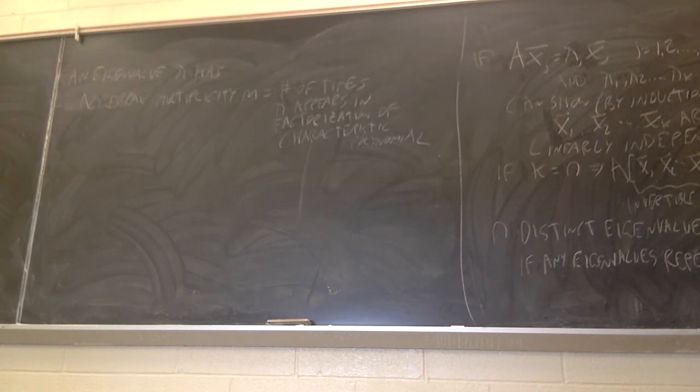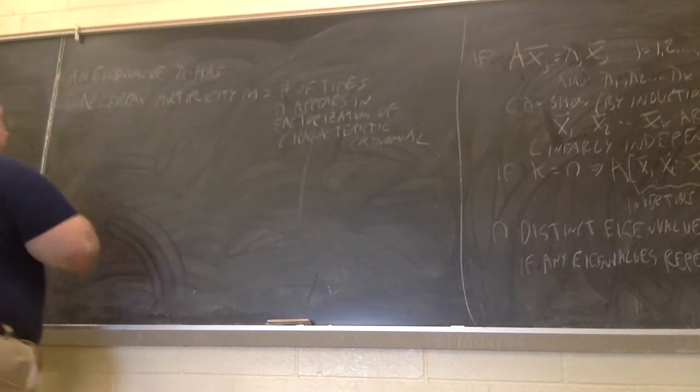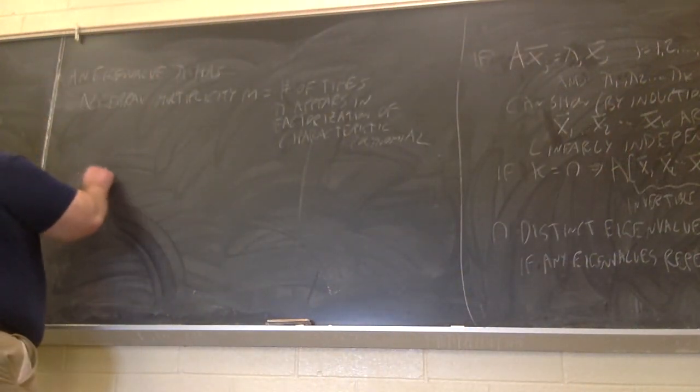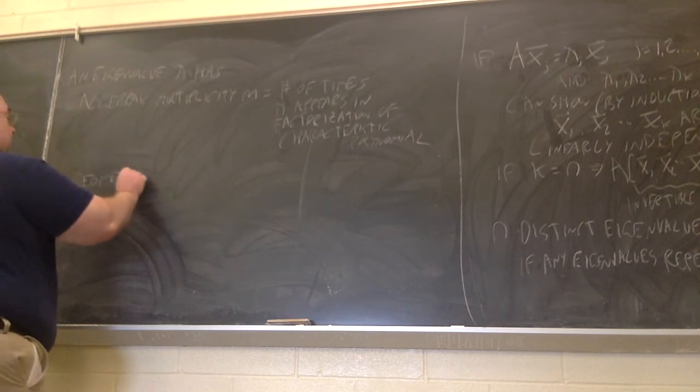So here we're just talking about multiplicity of polynomial roots. We're not thinking really about eigenvalues at this point. Okay, so that's the algebraic multiplicity. And then we have the geometric multiplicity.